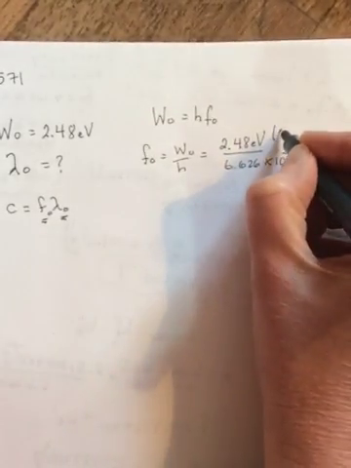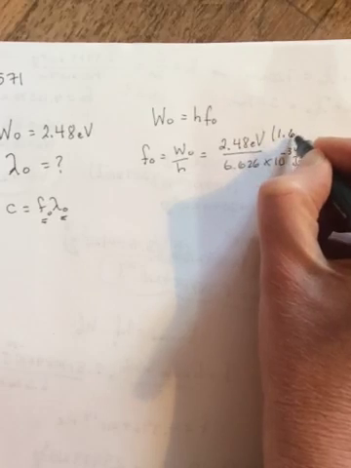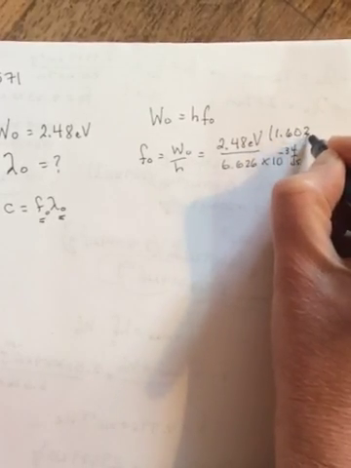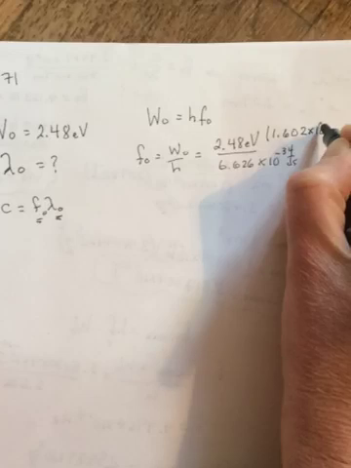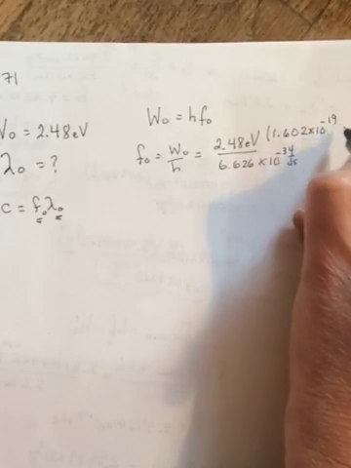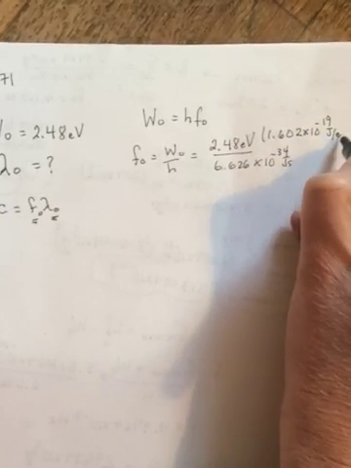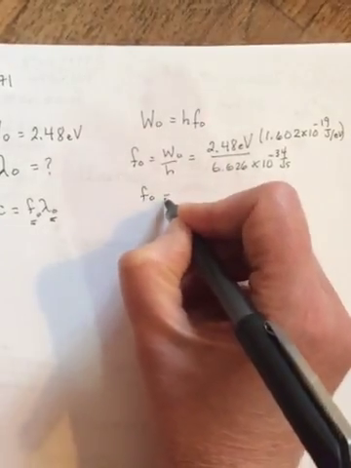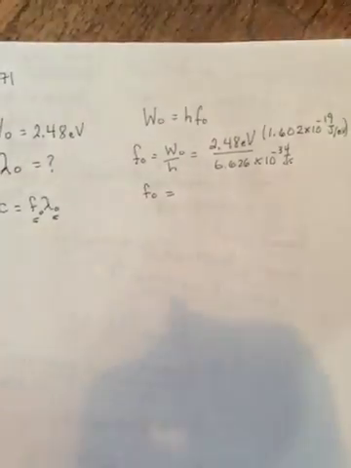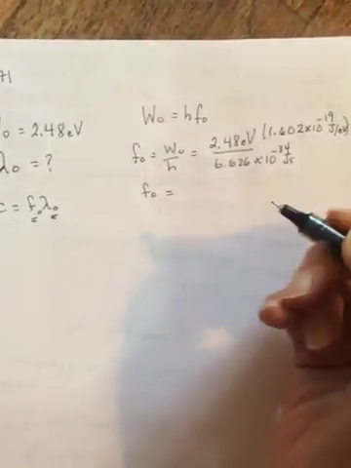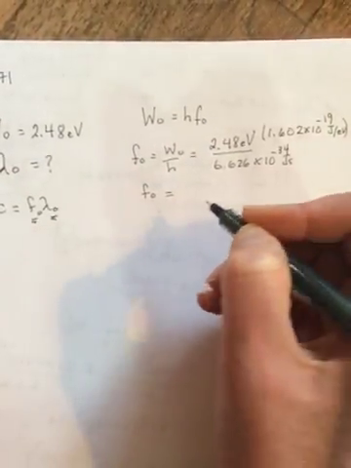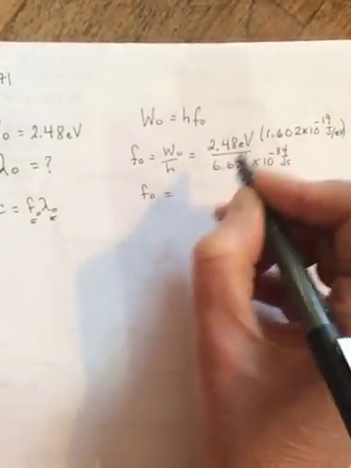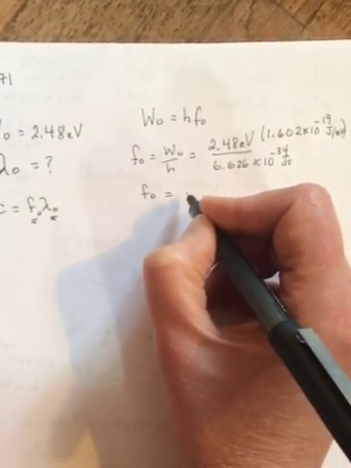I need to switch this to joules by a conversion factor: 1.602 times 10 to the negative 19 joules per electron volt. Then the electron volts will cancel out. You'll be left with joules on the top, joule seconds on the bottom, which will end up being just 1 over seconds, and life as we know it will be good.